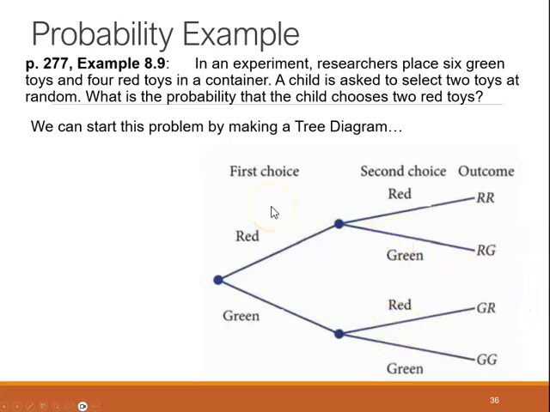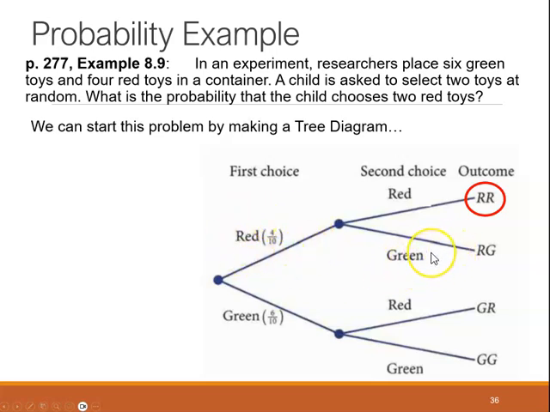For my first choice, the probability, okay, so that's what we're looking for. First choice is 4 out of 10 for red and 6 out of 10 for green. Now for my second choice, I've removed 1 red toy, so it should be 3 out of 9. Now we still have all 6 green toys remaining, but there's only 9 toys total because we pulled a toy here.